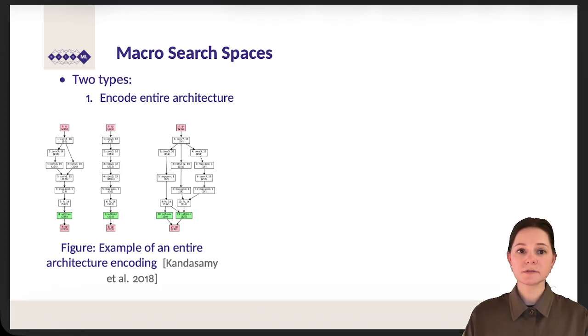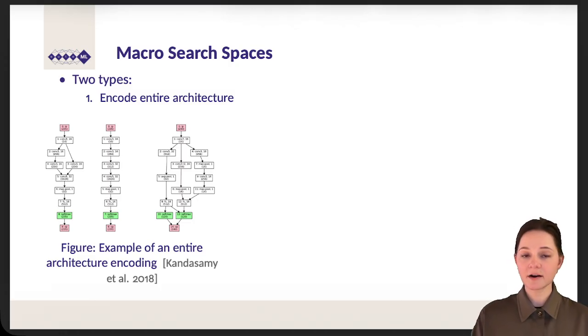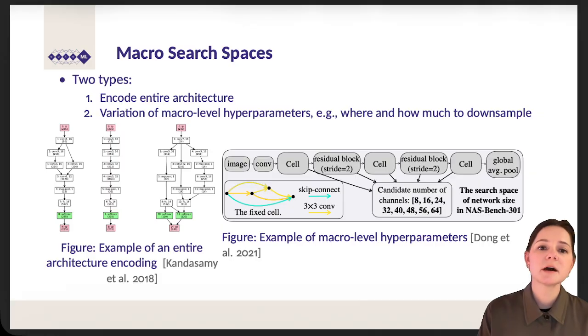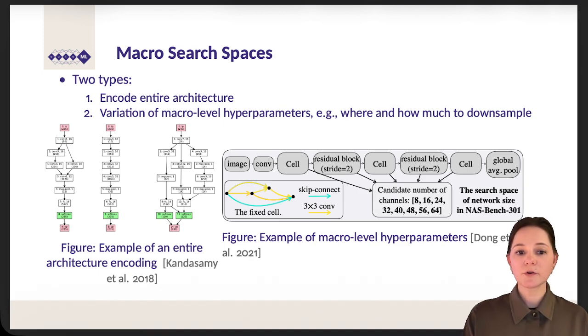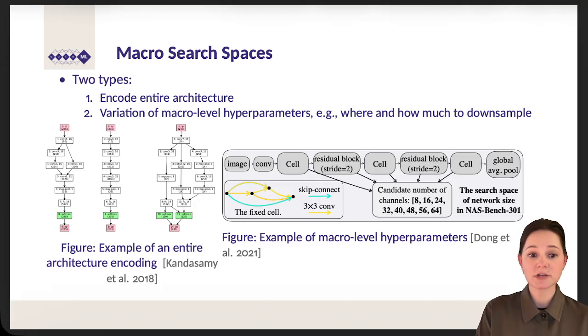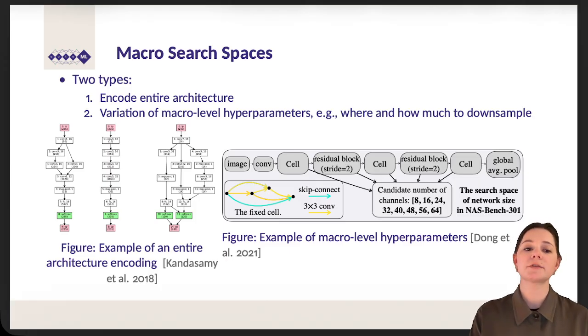In contrast to this encoding of the entire architecture, the second type of macro search spaces is a variation of macro-level hyperparameters. Here we focus on the variations of where and how much, for example, to downsample the spatial resolution throughout the architecture, where we keep the architecture topology and the operations fixed.